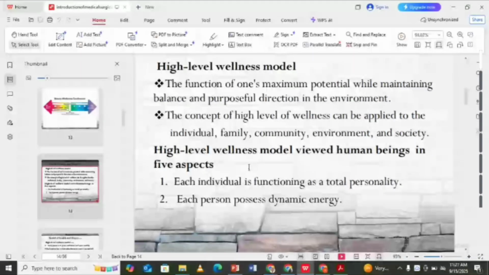So with the high level wellness, it views human beings in various aspects. One, each individual is functioning as total personality, as individual personalities. That means they have individual control over their well-being. Each person possesses dynamic energy that is very much individualistic, very much personalized to that particular individual.